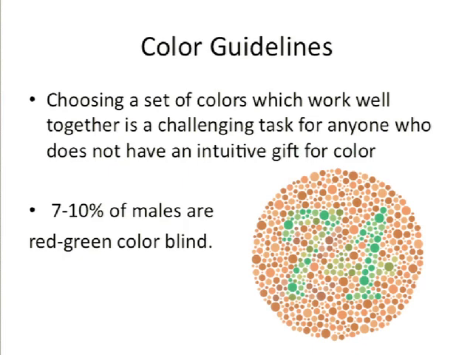So one thing to be concerned about is the medium on which you're presenting your information. You want to check: is it printed on paper, is it on a computer screen, is it being projected through an LCD projector? That might affect the colors that you choose. Choosing colors is really hard.